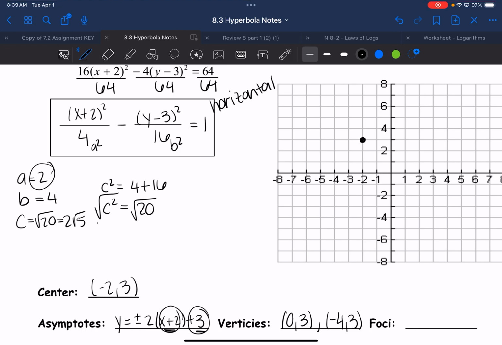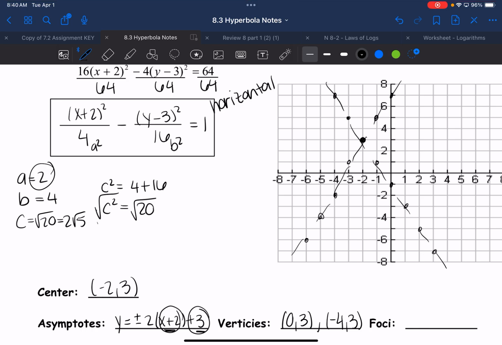I started too low. Okay, there we go. Now that my asymptotes are crossing in the appropriate spot.